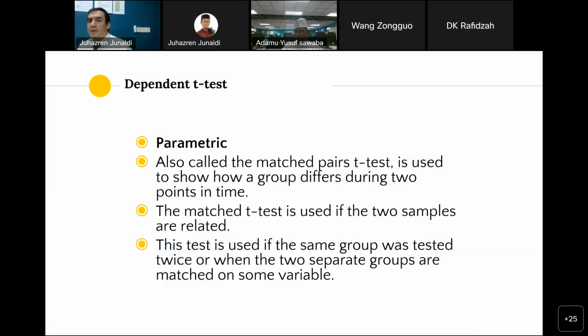For example, if you are looking for the within-group change before and after the treatment, okay? The matched t-test is used if the two samples are related. This test is used if the same group was tested twice, or when the two separate groups are matched on the same variable, okay?